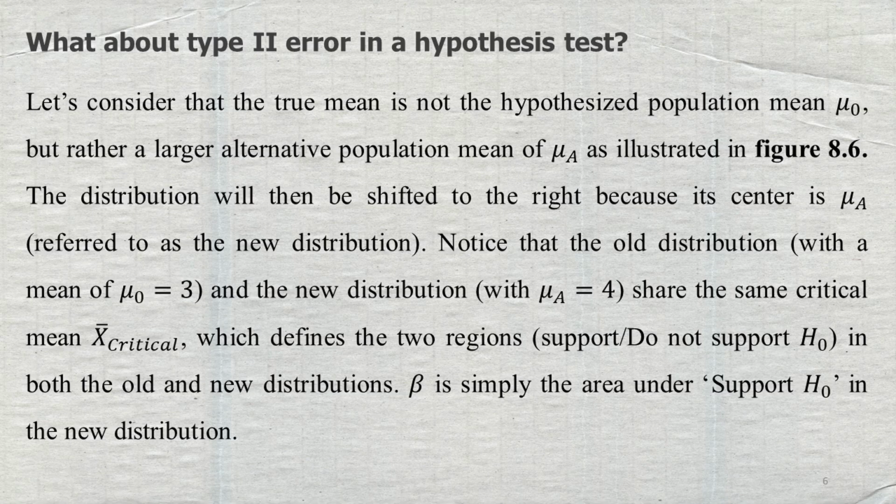Notice that the old distribution, with a mean of mu0 equals 3, and the new distribution, with mu-a equals 4, share the same critical mean which defines the two regions, support H0 or do not support H0, in both the old and new distributions. Beta is simply the area under support H0 in the new distribution.